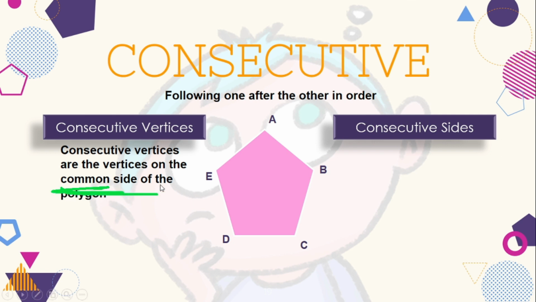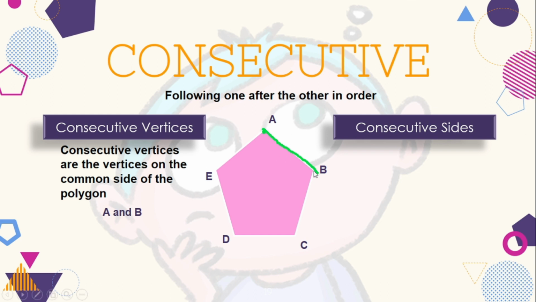Okay? So, ano ba yung mga vertices na yan? Let's say I have A and B. Consider natin na ang A and B ay consecutive vertices. Bakit? Nasa point siya ng common side. Ito yung side nating AB, so magkasunod na A and B. Okay? Ito yung side natin, and the vertices on this one side ay A and B. Okay?